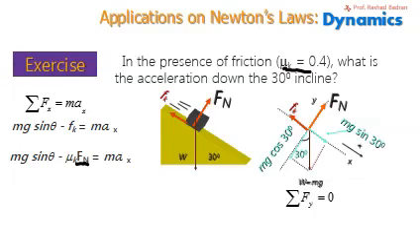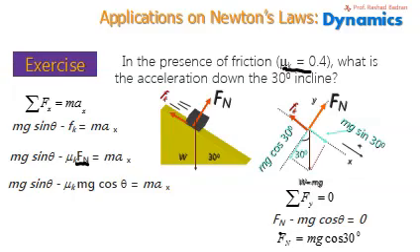So what are the forces contributing along the y-axis? We have the normal force upward with a positive sign and mg cosine theta with a negative sign. This gives us Fn, which is mg cosine 30. We substitute this into the previous x equation, and then we'll get this equation.